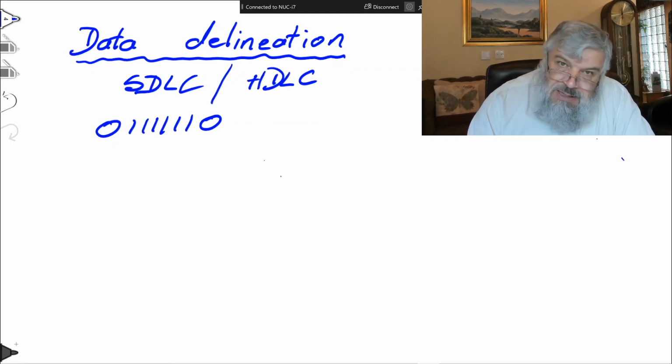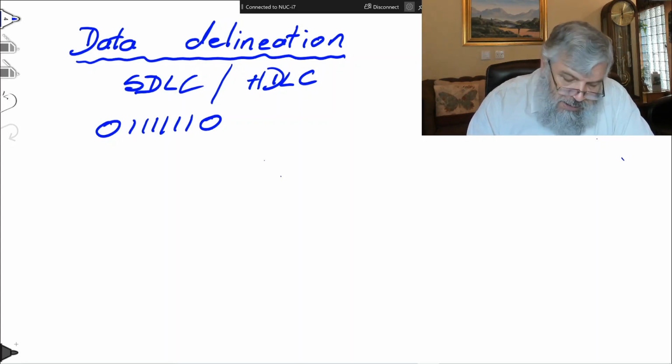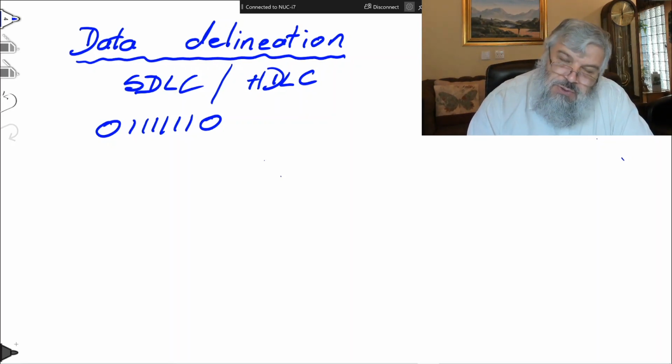Just before proceeding, it's perhaps worth noting that the flag marks both the start and the end of the data frame that you're sending. So on both sides, it's used to delineate this frame. So back to the question, what if that pattern happens to occur in your data?